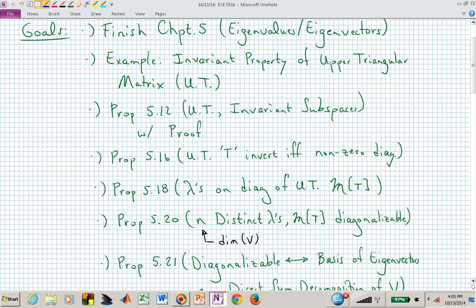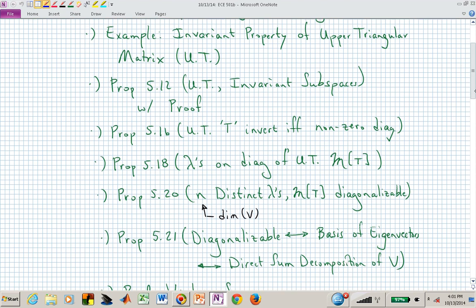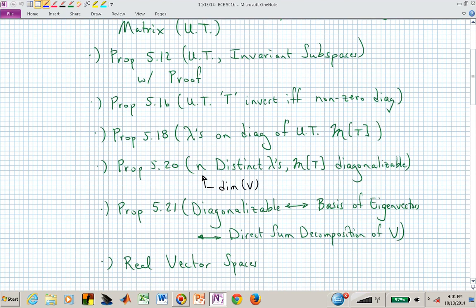That then leads us into proposition 12 in chapter 5, which does talk about upper triangular matrices and these invariant subspaces. We'll go over a proof. It essentially makes three statements equivalent, proposition 5.12, concerning invariant subspaces. We will then do proposition 16, which says that our linear map associated with T, if it's upper triangular, then we can invert that matrix if and only if all of our diagonal entries are non-zero.